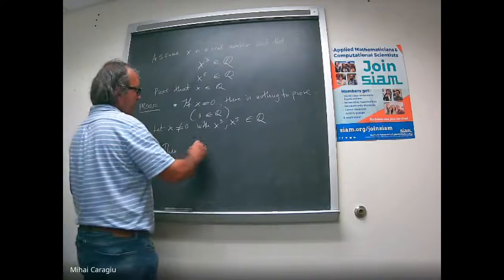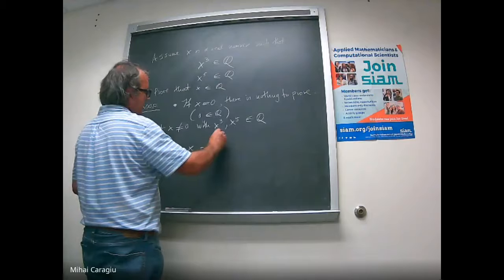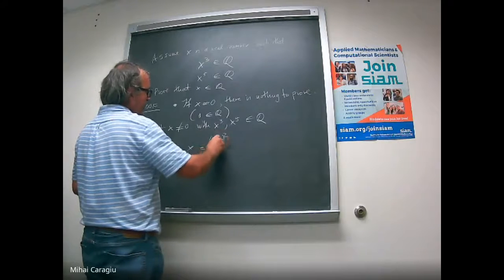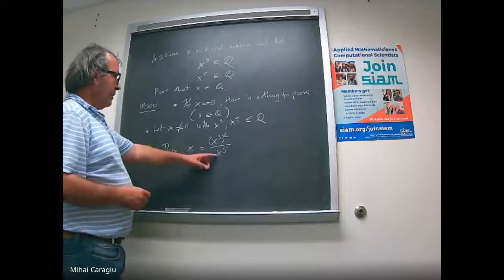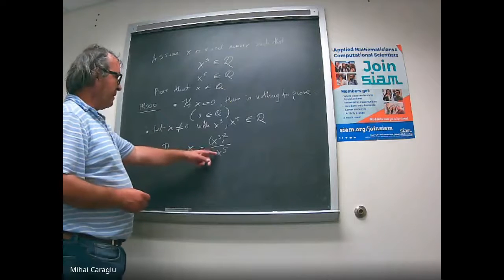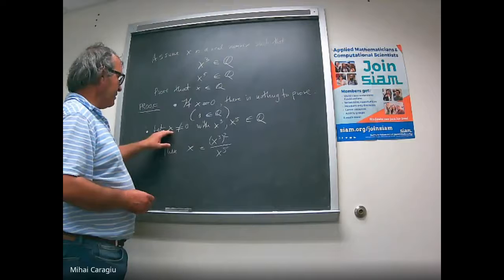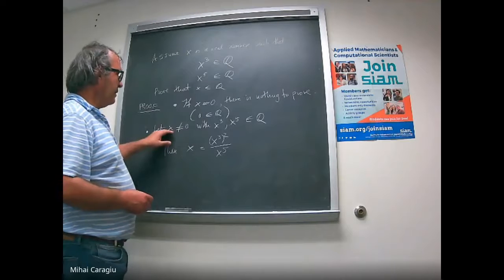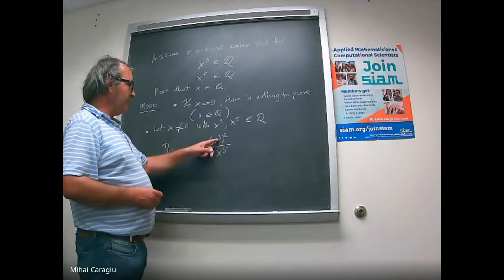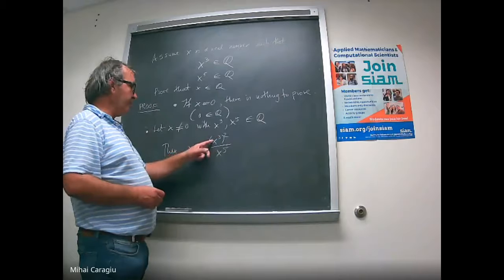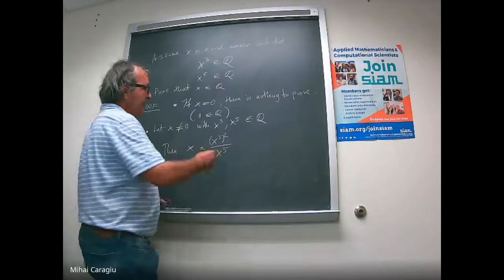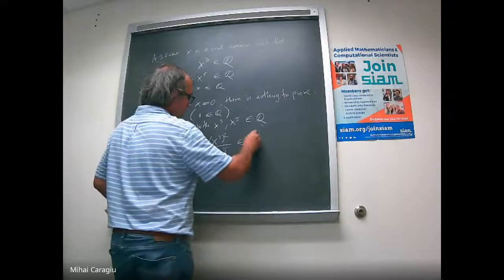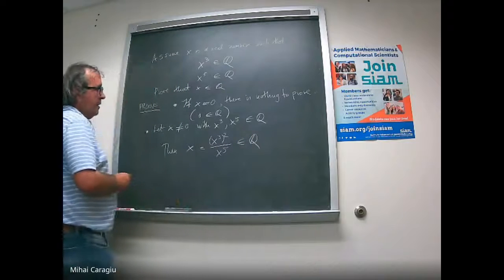It's very easy to notice that it's x cubed to the power 2 over x to the power 5. We can divide by x to the power 5 as long as x is not 0, and the square of x cubed is a rational number, and a rational number over x to the power 5, a rational number, will be a rational number. So therefore we prove that x is rational.